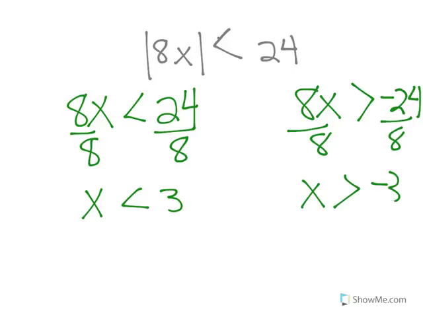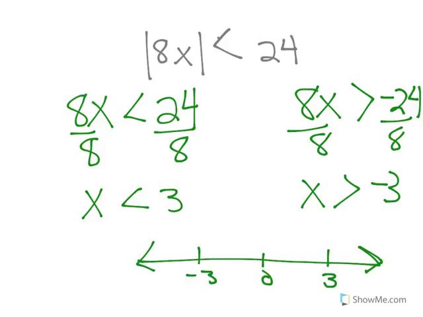If we go ahead and graph this on the number line, we see that if we look at x is less than 3, we have an open circle here. Let's use a different color. We have an open circle, and we'll be shading to the left.